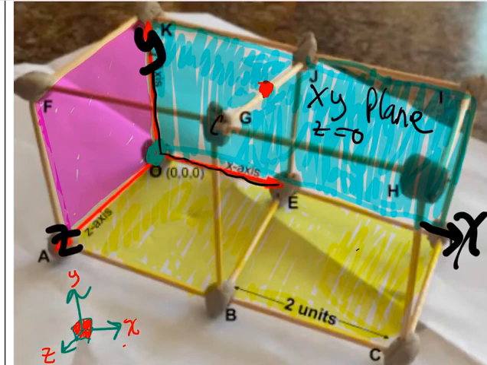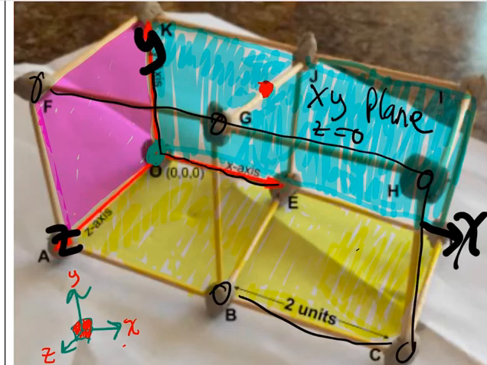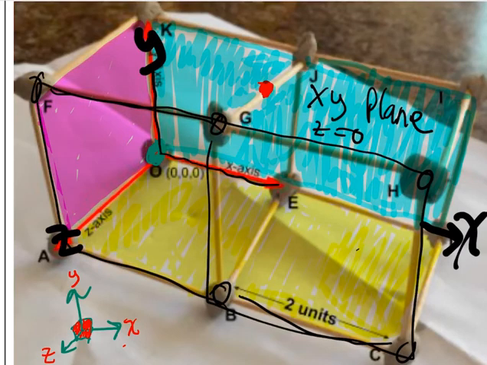And each toothpick in these diagrams is worth 2 units. So everywhere along here, which is parallel to the xy plane, those are all 2 units away, and so z is equal to 2 there.